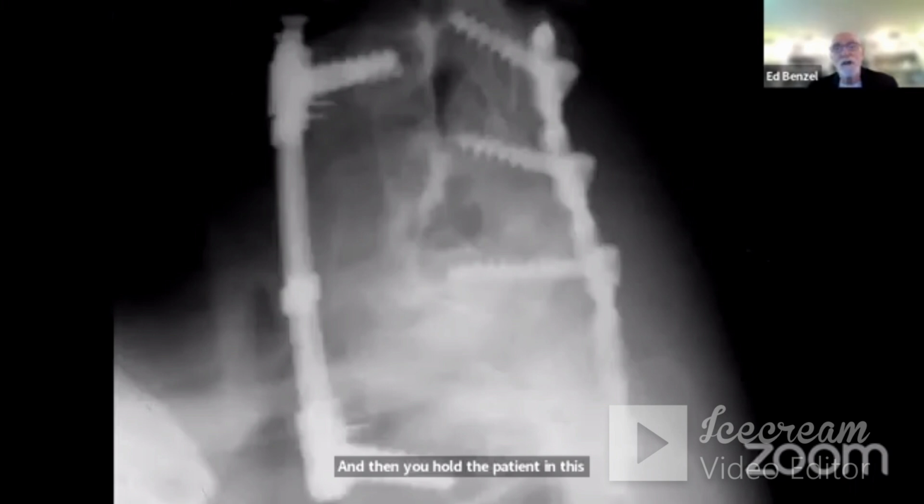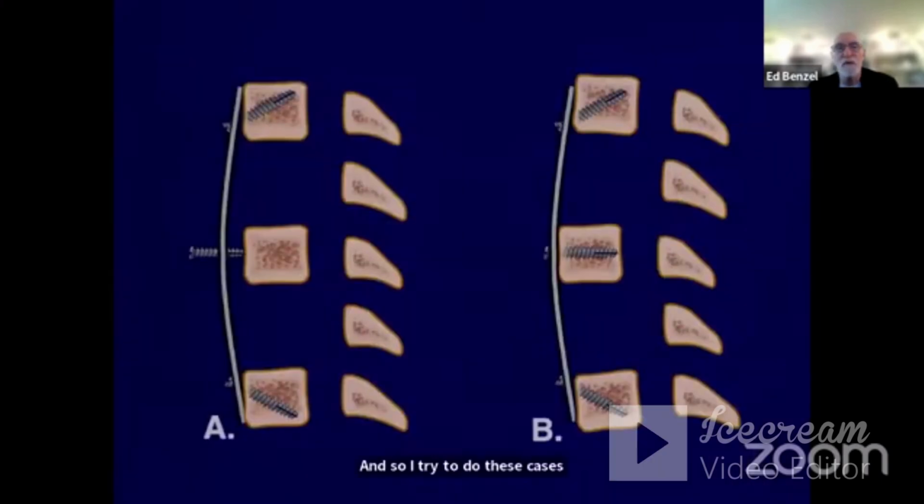Of course, with this lady, we could have done an anterior approach and a posterior approach, but doing 2 operations versus 1 operation in a person who's not in the best of health can be problematic. And so I try to do these cases with 1 operation when possible.